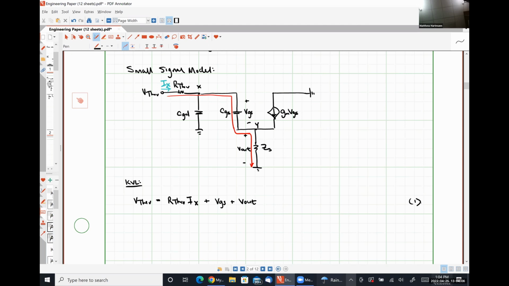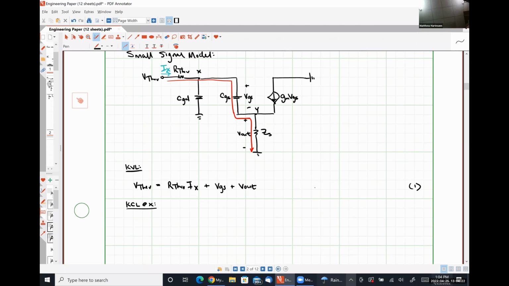All right, the next thing that I'm going to do is apply KCL at node X. So I have a current of IX flowing in. And then flowing out, I have the current flowing through capacitance CGD and the current flowing through capacitance CGS. Let's start with the current through CGS because that's a little bit easier to quantify.